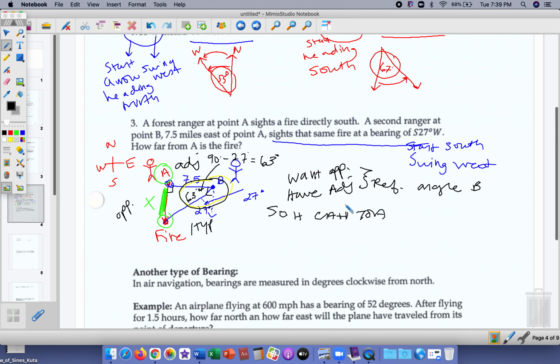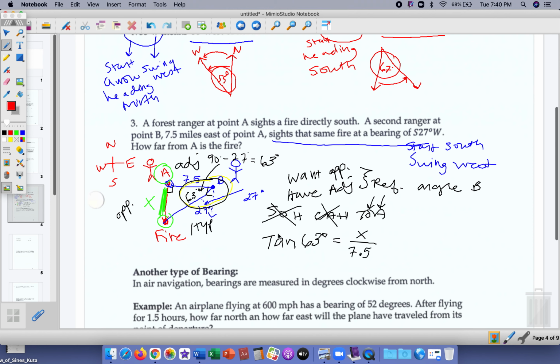If I want O, I'm not going to use cosine. If I want O, both sine and tan have O, and I have adjacent, so I need to go with tangent right now because I want the opposite and I have the adjacent. And when we set this up, we'll say tangent of the angle we're using, which right now is angle B, or 63 degrees, is equal to the opposite of angle B, which is x, over the adjacent, which is 7.5.